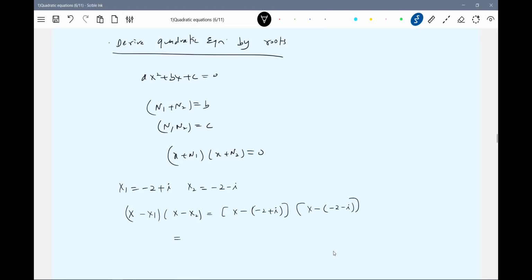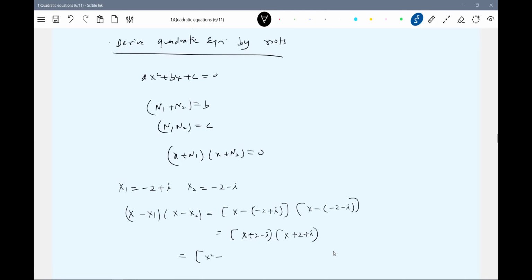Solving this, I think we will get very lengthy terms, no? First we simplify this. This will become x plus 2 minus i, x plus 2 plus i.